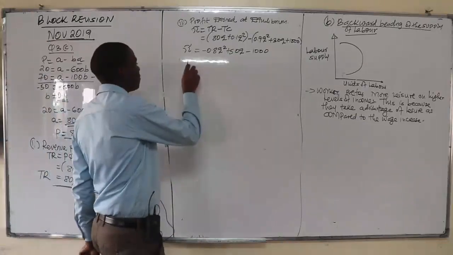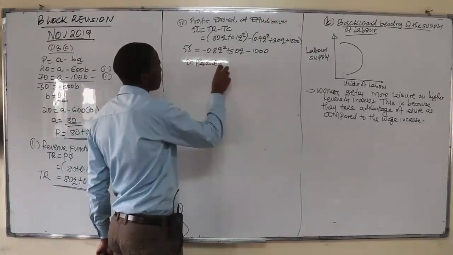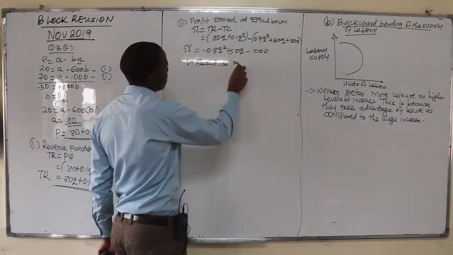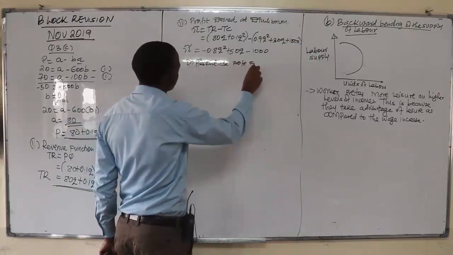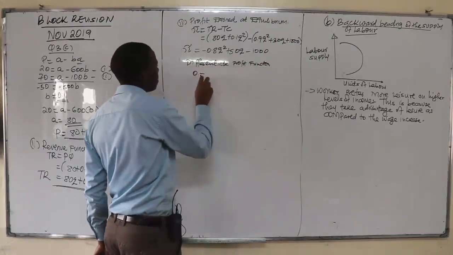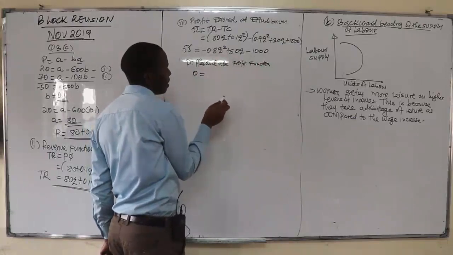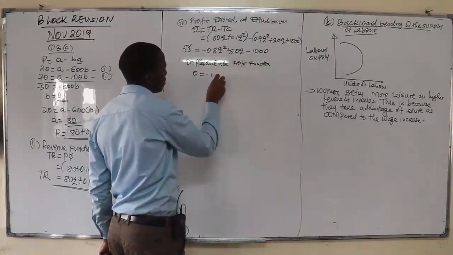You come here, you differentiate the profit function. So in this case, it will be 0 equals 2 times 0.8 minus 1.6 Q plus 50.